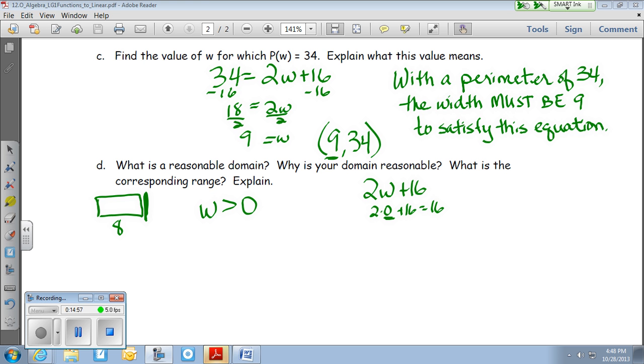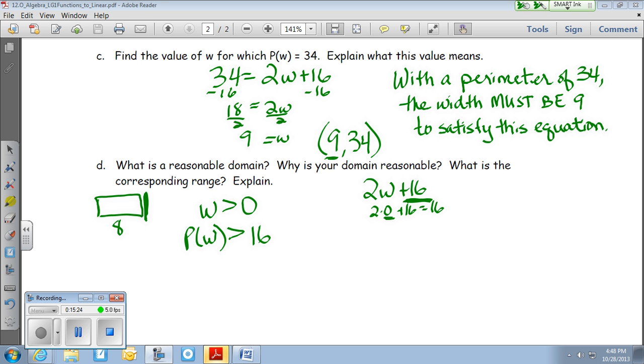So my range, my output, has to be greater than 16 because that 16 was always constant when our length was 8. This was a constant, never changing. So I know that my range, my P of W, that's my output, is always going to be greater than 16, and it's not going to be equal to 16. It's always going to be greater.